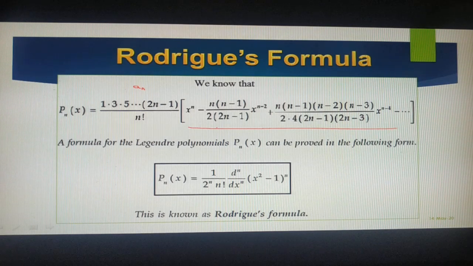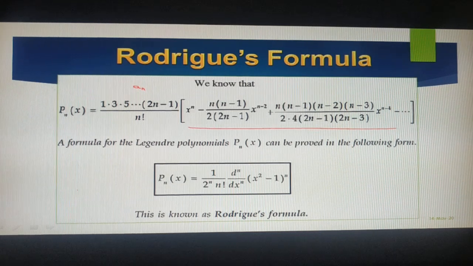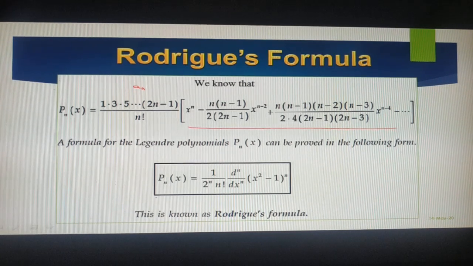So what we'll do here, actually the derivation part is not there, proof is not required. Only from this Legendre's polynomial we are going to prove this Rodrigues formula, which is in this form.